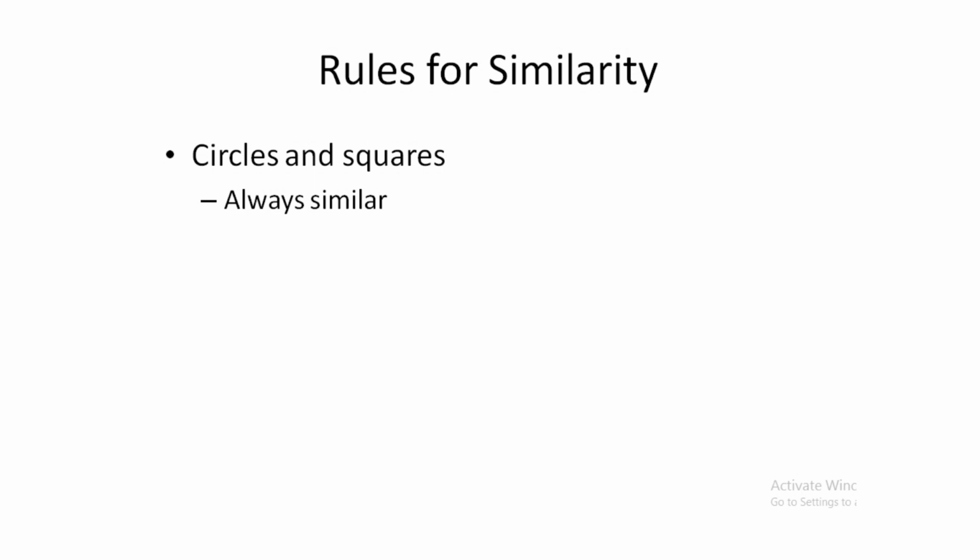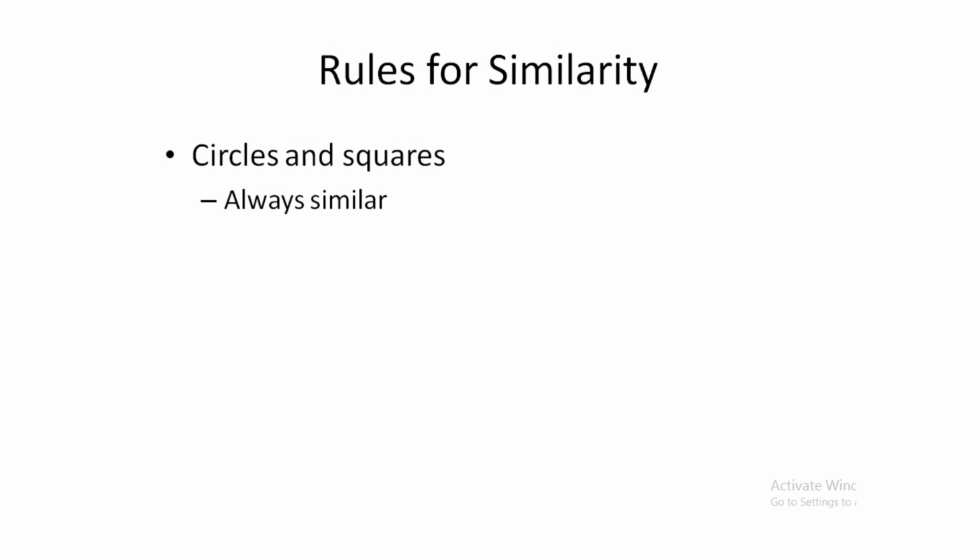Each side of a square is going to be proportional to the side of another square, or each radius of one circle is going to be proportional to the radius of another circle. And obviously the angles in a square do not change. It is always 90 degrees at each vertex, and even in a circle the angle doesn't change. It is always 360 degrees at the center.